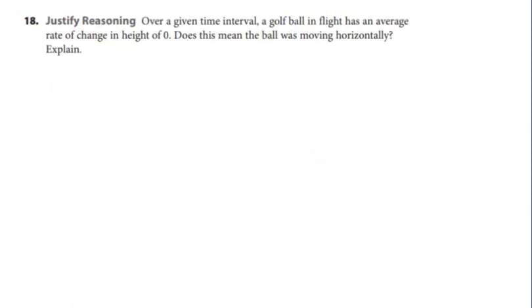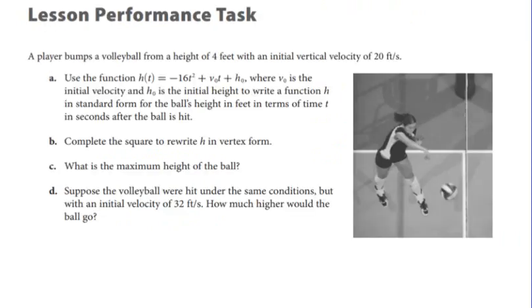Now, the exercise set says 12 through 18, but we're going to do our final problem in this video, the lesson performance task, which is a real-world volleyball problem. We have a player bumping a volleyball from a height of 4 feet, so h sub 0 equals 4, with initial velocity of 20 feet per second, so v sub 0 is equal to 20.